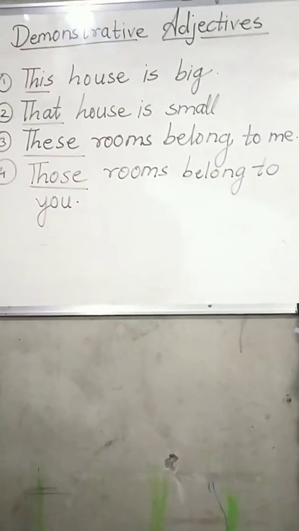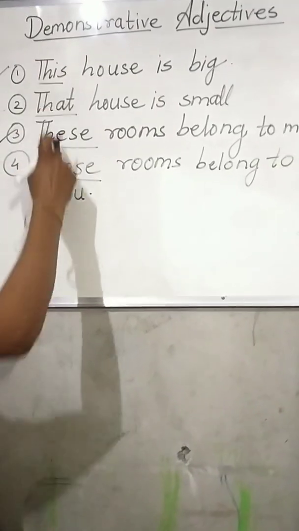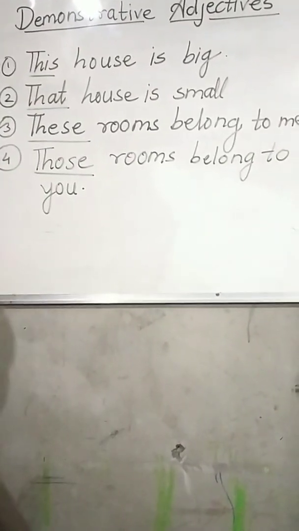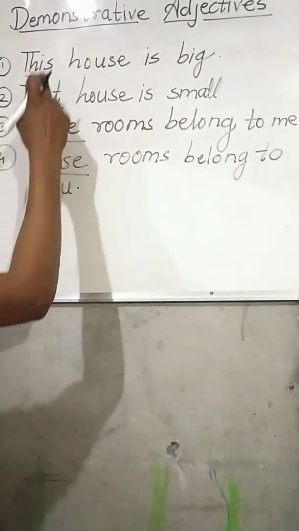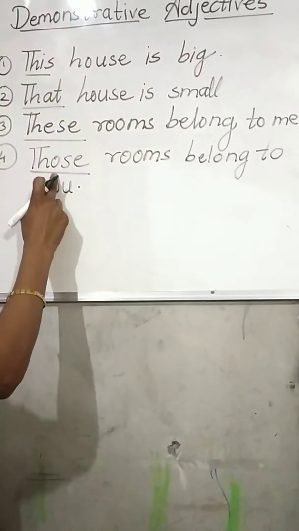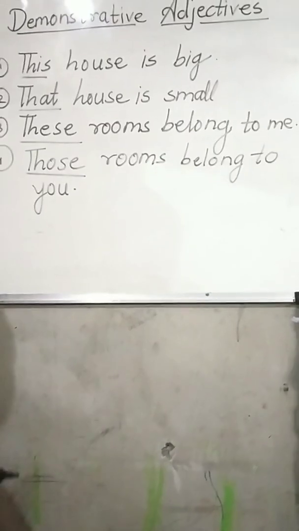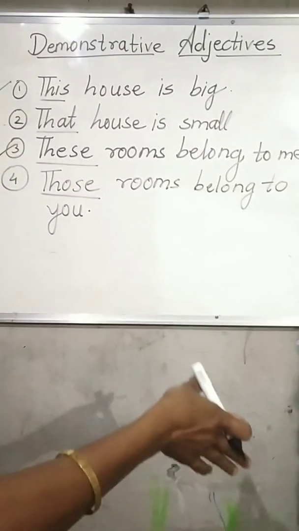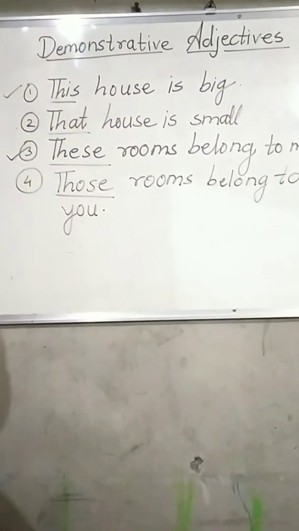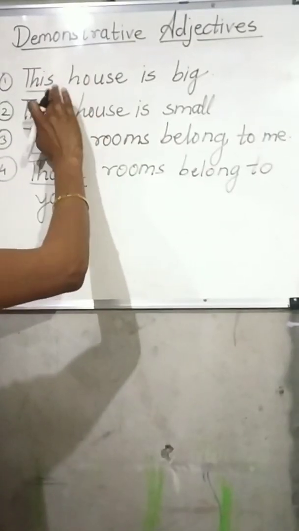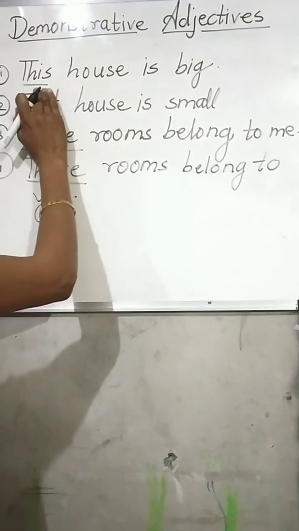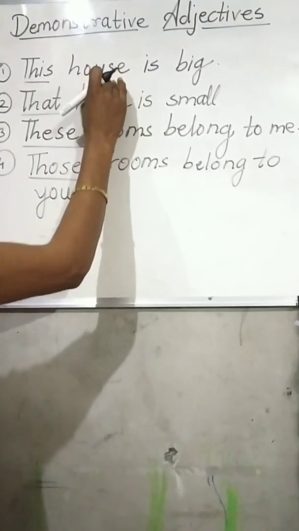Now children, here I have underlined 4 words. Why have I underlined 4 words? This, that, these, those. These are the words which point to something, which show something. So this is the word which is used to show the house.